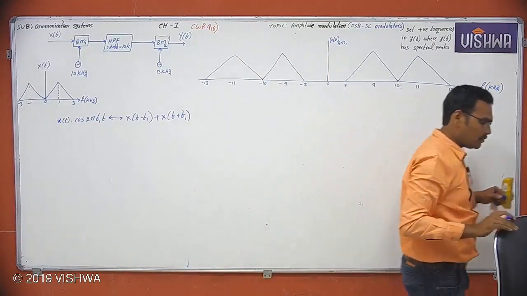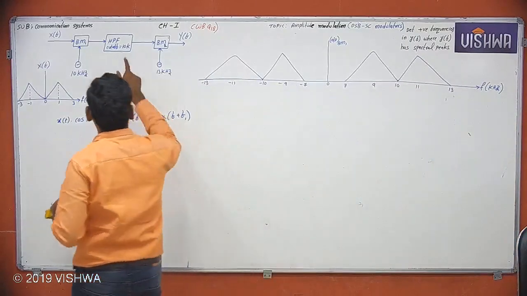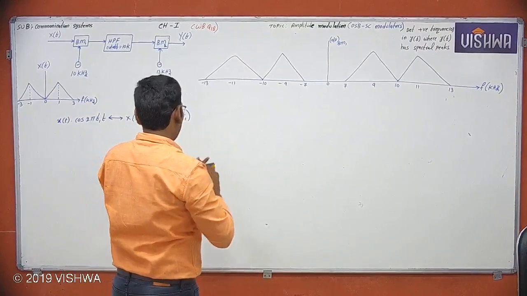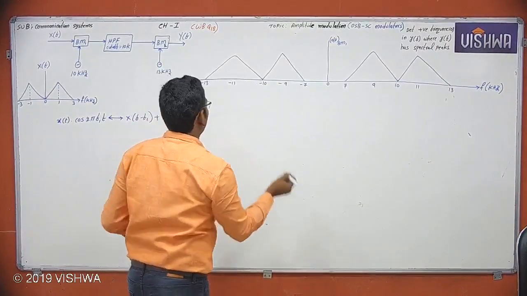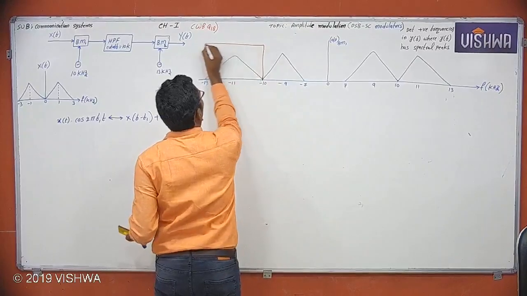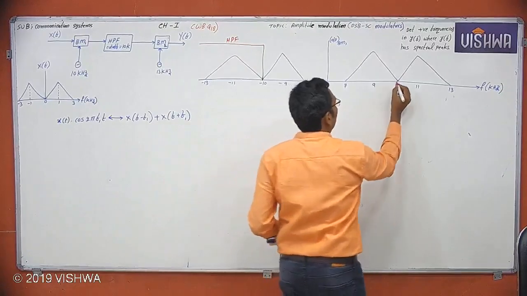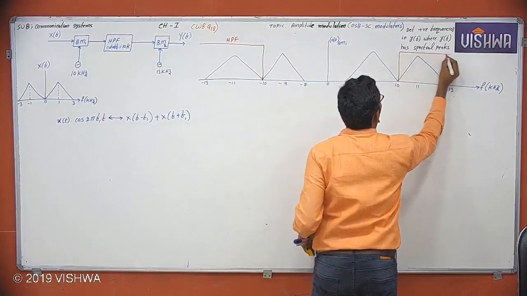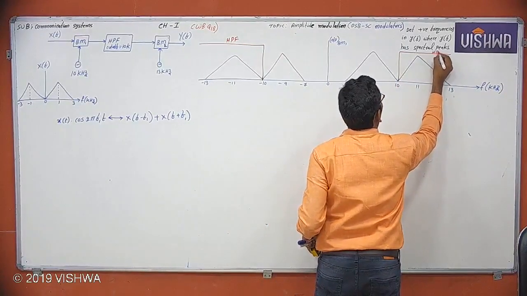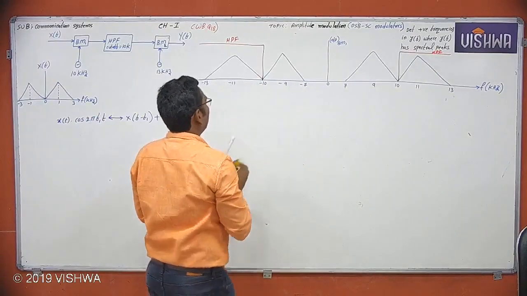First you note down this. Now this is passed through a high pass filter. What is the high pass filter cutoff frequency? It is 10 kHz. The high pass filter will allow the frequencies greater than this cutoff frequency.